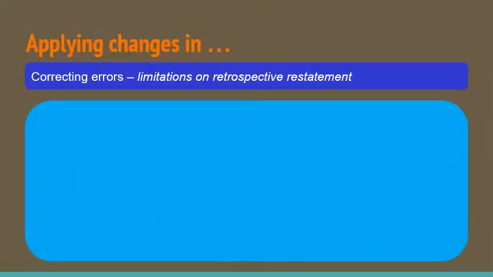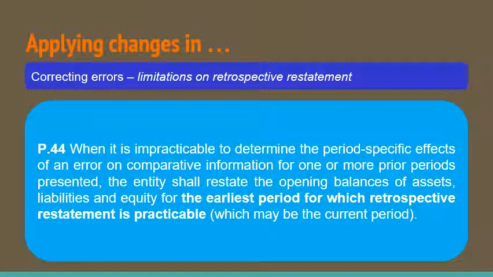And if it is impracticable to do so for period-specific effect for one or more periods presented, then restate the opening balances of assets, liabilities, and equity for the earliest period practicable, which again can be the current period.